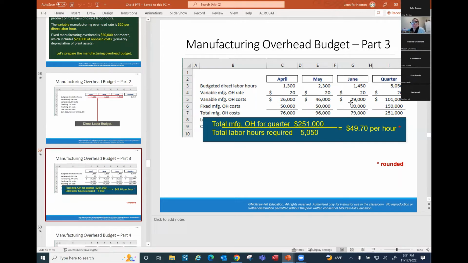So remember when we calculated out that predetermined overhead rate, we had to know that cost over the whole quantity. So we're going to do our total manufacturing for the quarter, which is $251,000. And then we had the total labor hours that were required. So that's my quarterly total, 5,050. So I take the 251 divided by the 5,050, and I get 49.7 per hour.